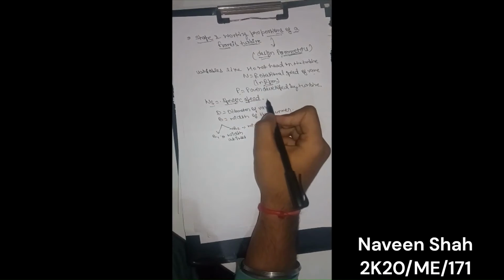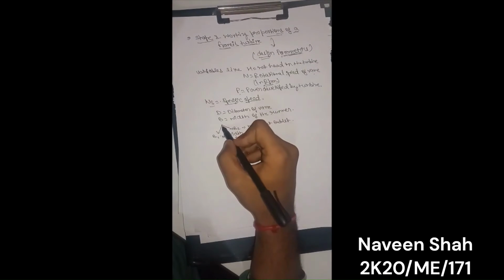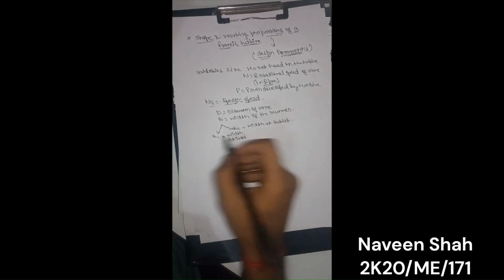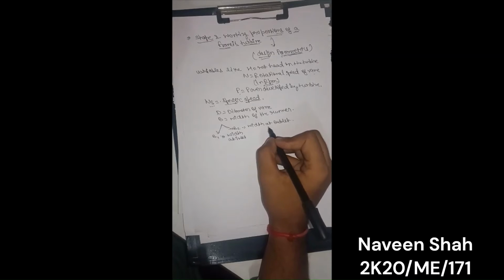Ns is the specific speed, D is the diameter of the vane, and B is the width of the runner. This B can also be divided into two parts: B1, the width at inlet, and B2, the width at outlet.